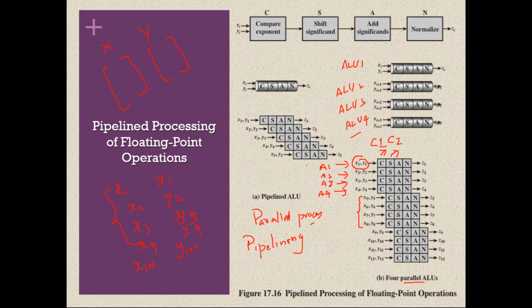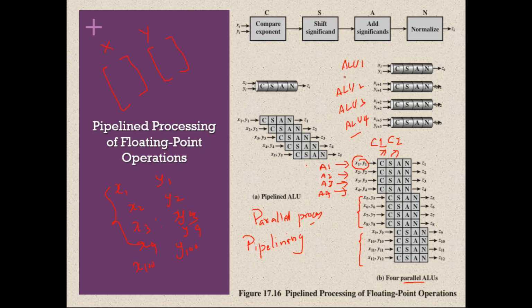Who will use compare? Compare is used by X9, Y9 to X12, Y12, and shift is used by X5, Y5 to X8, Y8. Are you getting? Now you see the degree of parallelism.